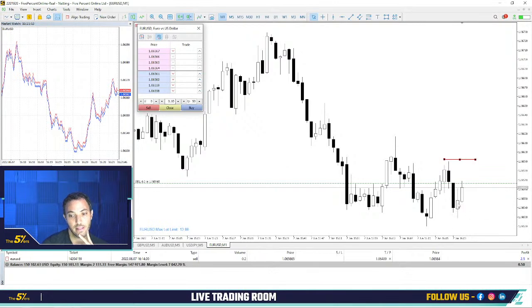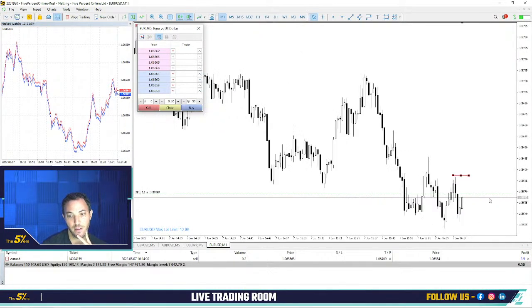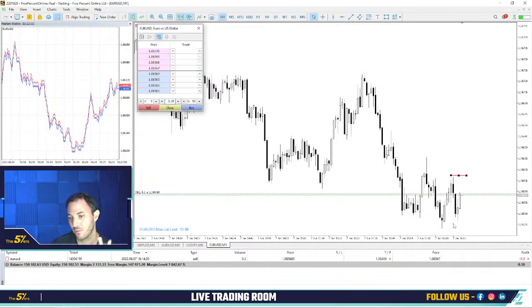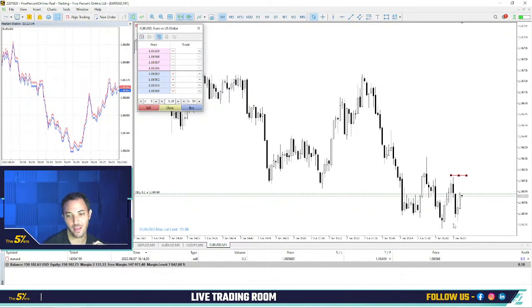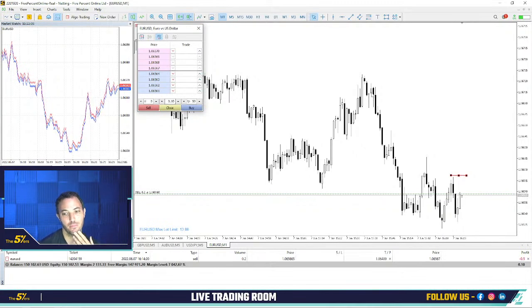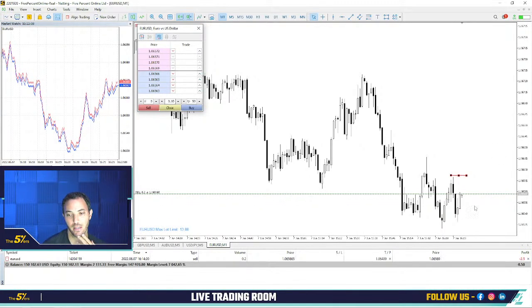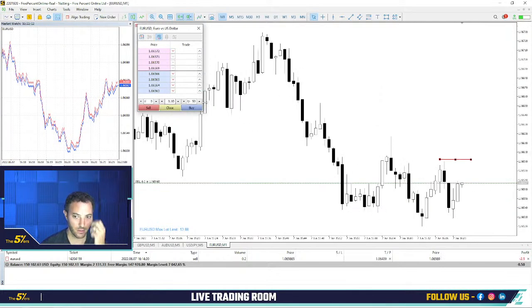Now this attempt, we didn't even have a lower low. So I need to rethink if I want to keep selling this market, because this is my reverse. Okay, let me take one off.